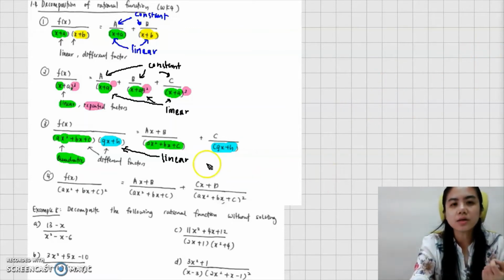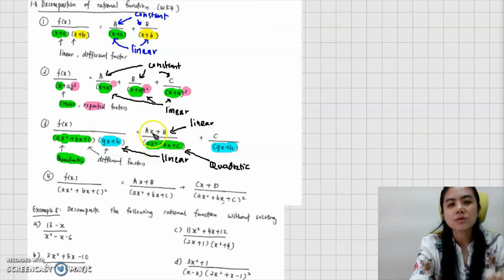On the top, this one is quadratic. If you have a quadratic denominator, on the top we have to use linear. It will always be 1 degree less than the denominator.